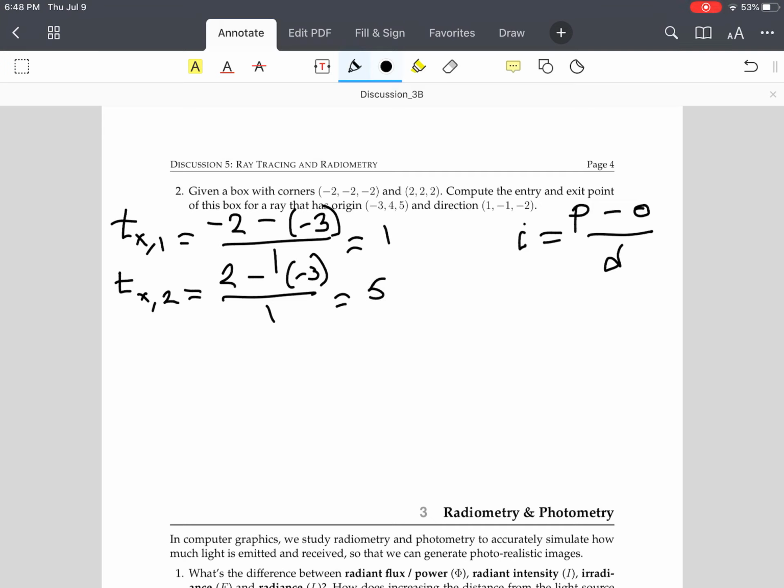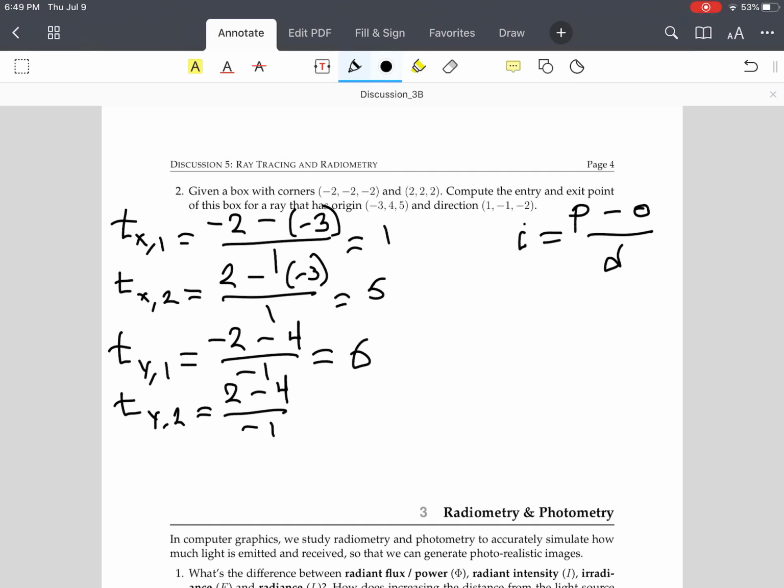Now, let's look at the y. So ty1, now we have -2 minus 4 all over -1. So that's -6 over -1, so 6. And then this is ty2, and that's going to be 2, because we want the other side, minus 4 stays the same, -1 stays the same, and that's going to be 2.